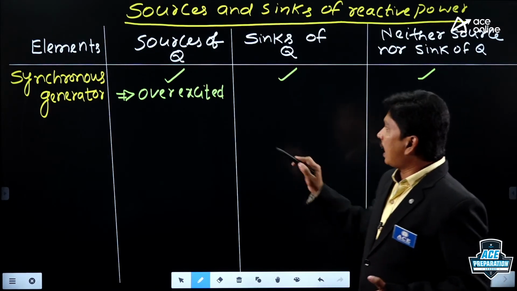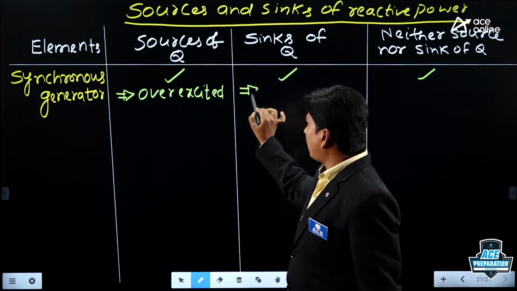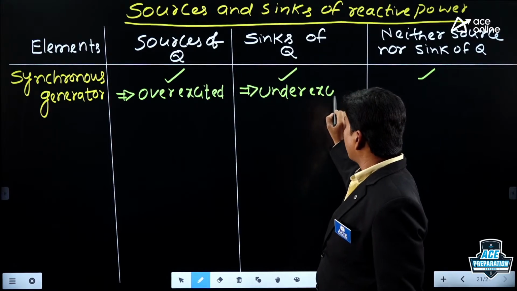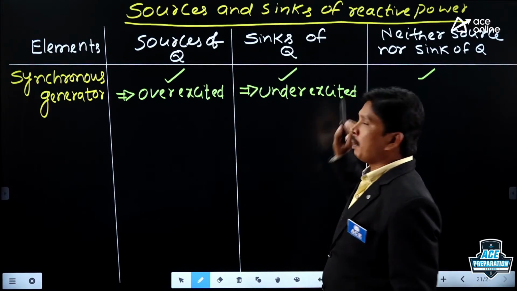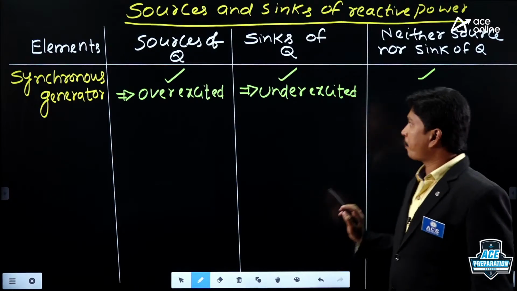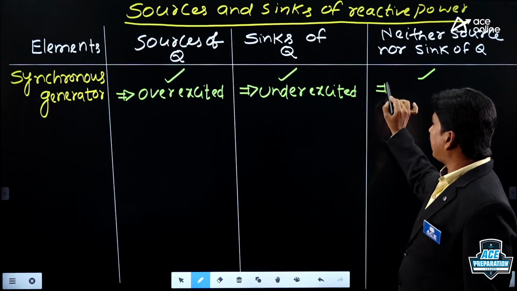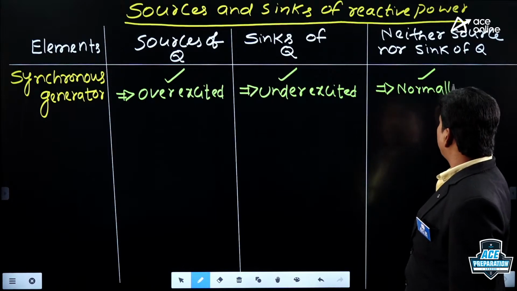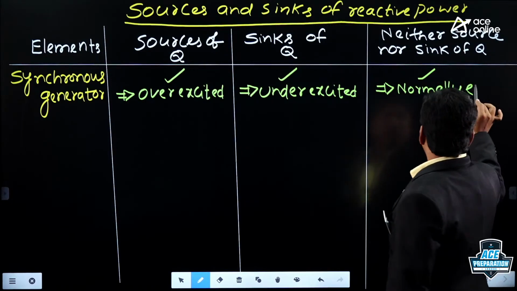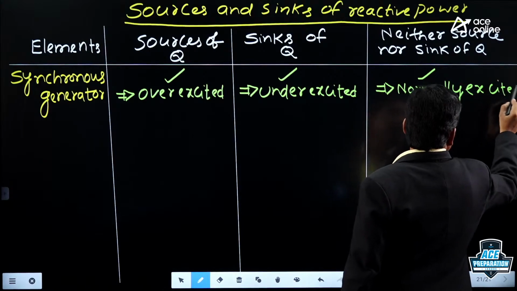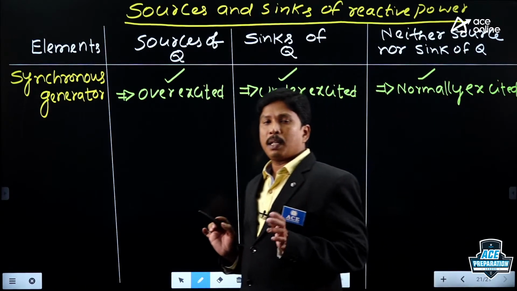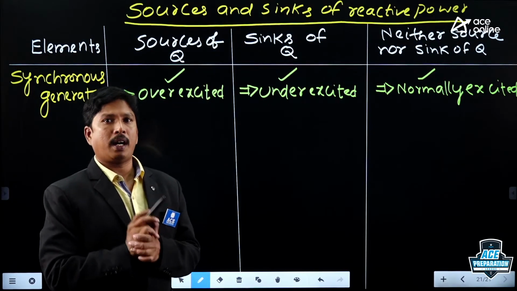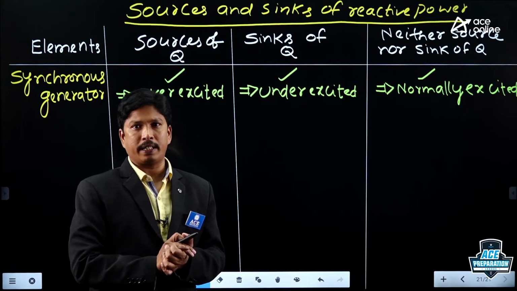Whenever it is underexcited, it is going to absorb some positive value of reactive power. And whenever it is normally excited, it is not at all going to absorb any amount of reactive power, or deliver any amount of reactive power.